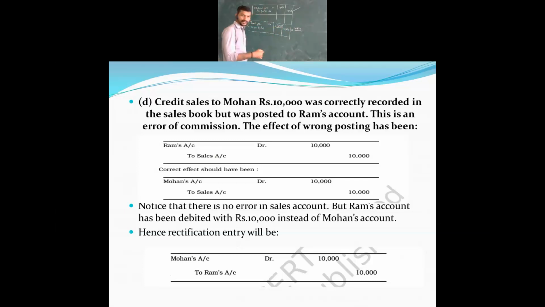You have to take it back. How can you take it back? Mohan's account will be debited, because he is going to pay the money. Then Ram's account will be credited. This is 10,000. So this will be the correction part.